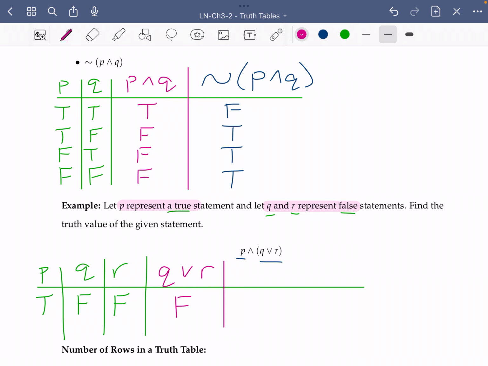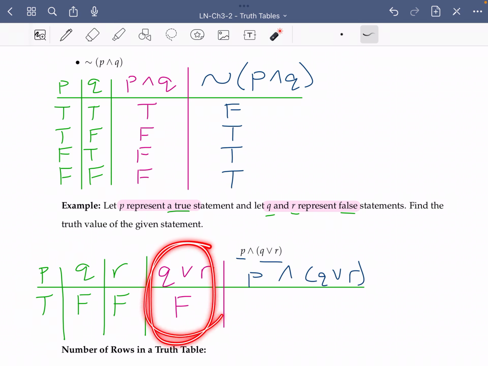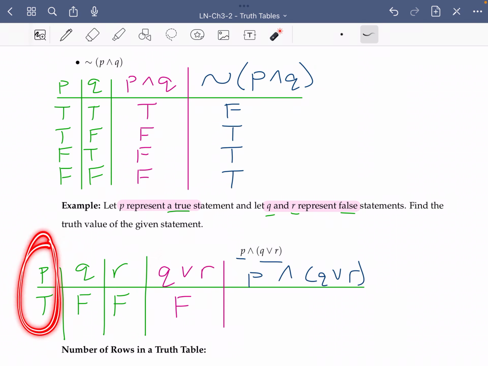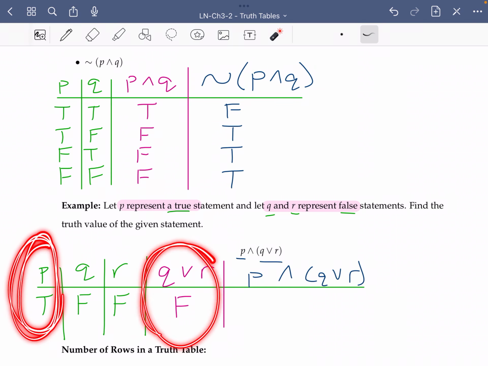But we're not done. Now we need to find the truth value of P and Q or R. So it's taking the truth value of P combined with the truth value of Q or R. We have the truth value here combined with the truth value here, and they're combined with this and statement.